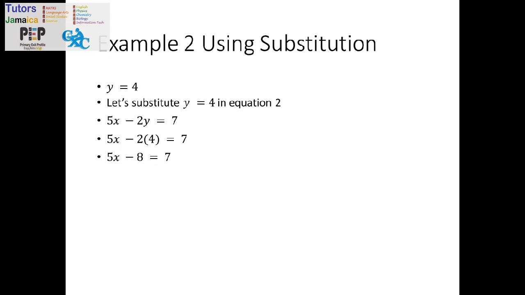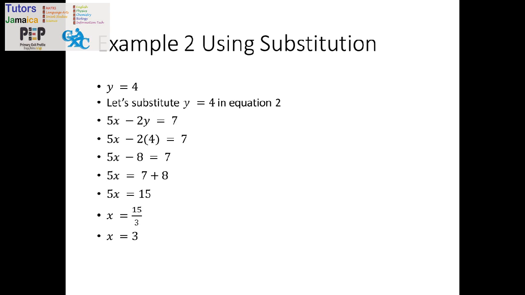So what we end up with is 5x minus 8 is equal to 7. So 5x is equal to 7 plus 8. So 5x is equal to 15. So x is equal to 15 divided by 5. That's a typo. So x is equal to 3.